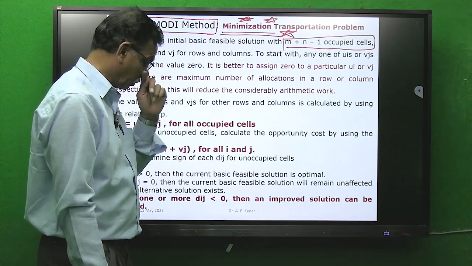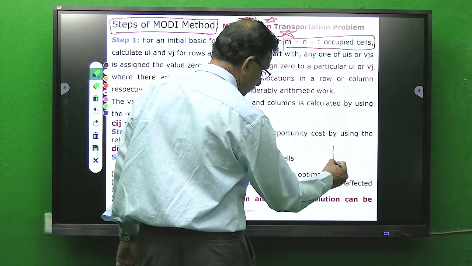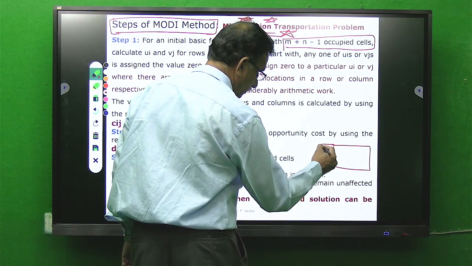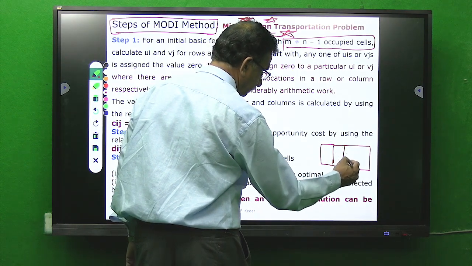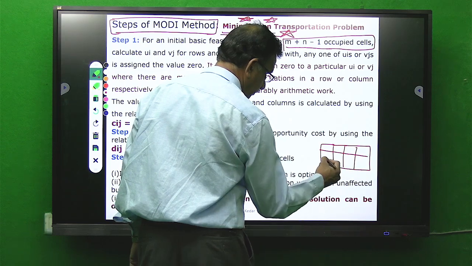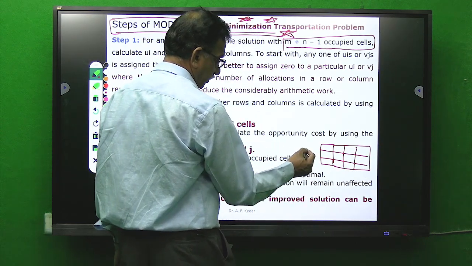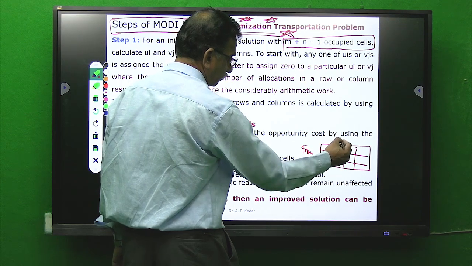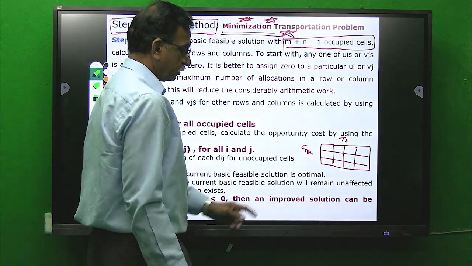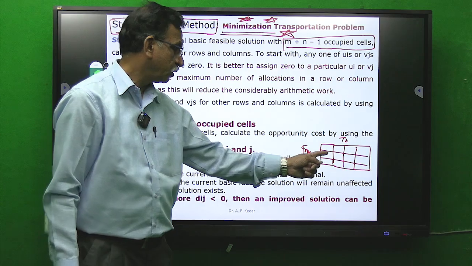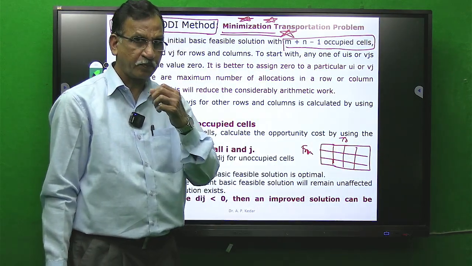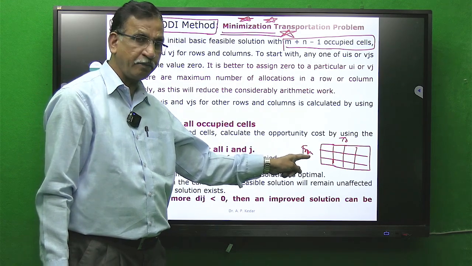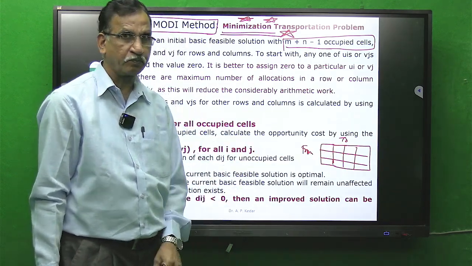Now I will explain this. What is m plus n minus 1? Suppose I am having this matrix. Here there are 3 rows and 4 columns. Rows are denoted by m, columns by n.